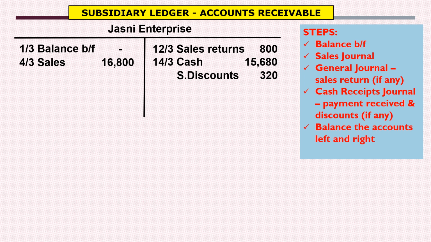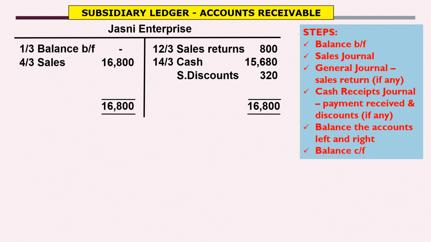After that, we balance the account left and right. Take the bigger amount. In this case, we found that the left and right have the same amount, that is 16,800. The amounts at the left and right must be the same.